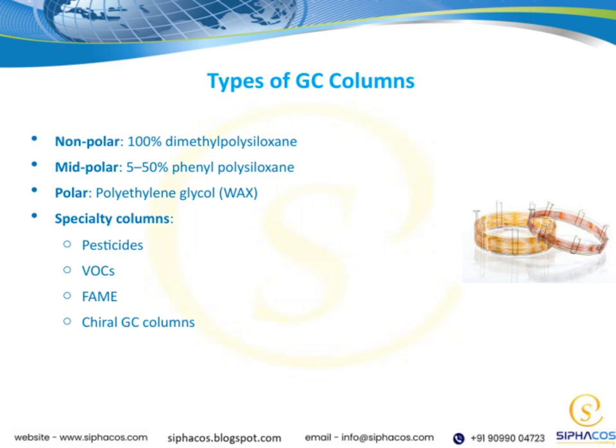And then, we have chiral GC columns, which are unique because they can separate enantiomers, mirror image molecules that are otherwise identical but have different biological activities. Understanding these different column types is crucial because selecting the right one directly impacts the effectiveness and accuracy of our analysis, aligning with the overall goal of achieving precise and reliable results in chromatography.